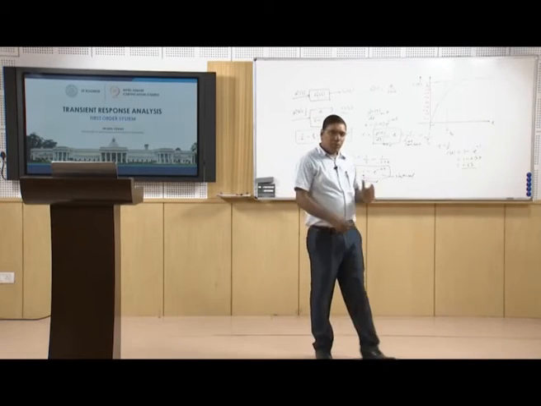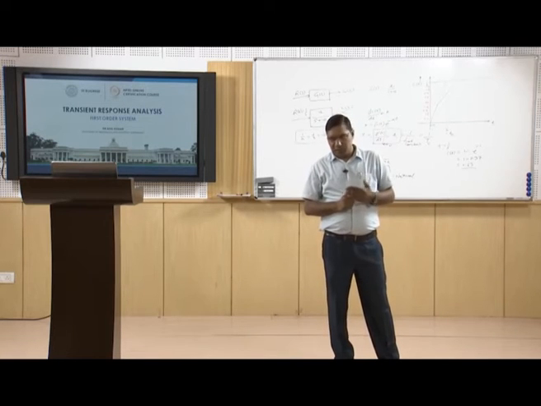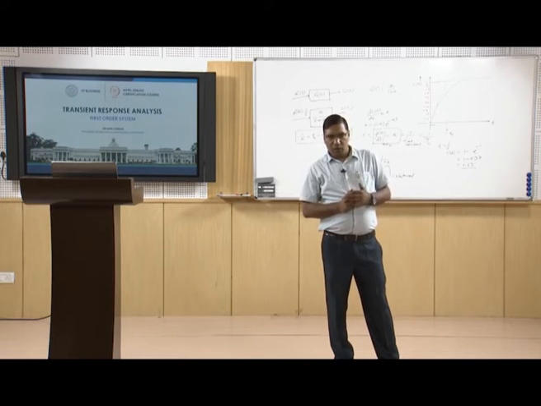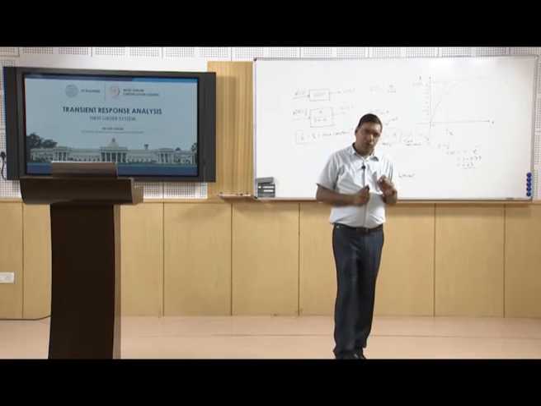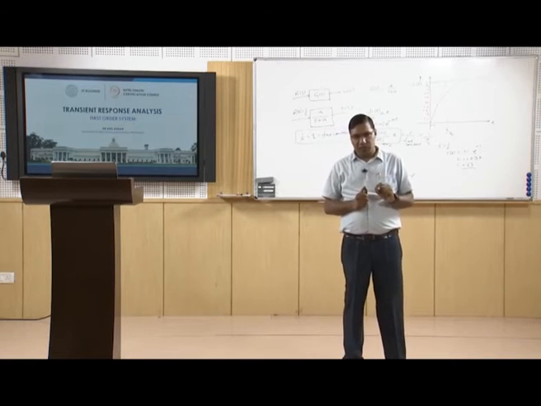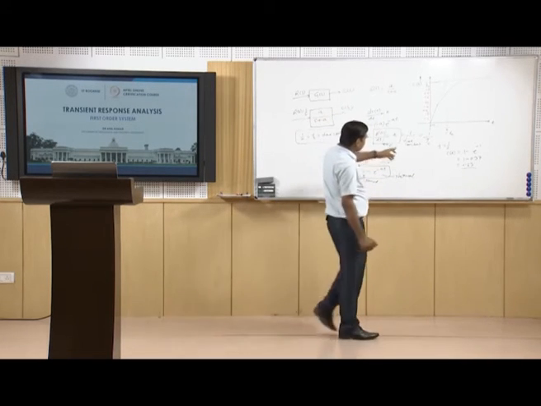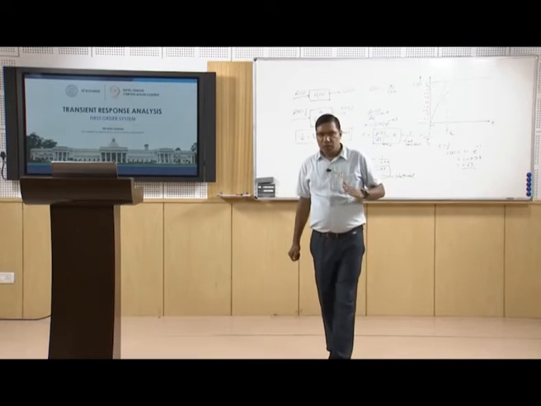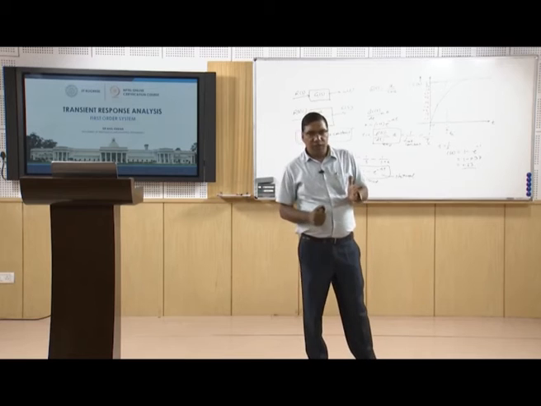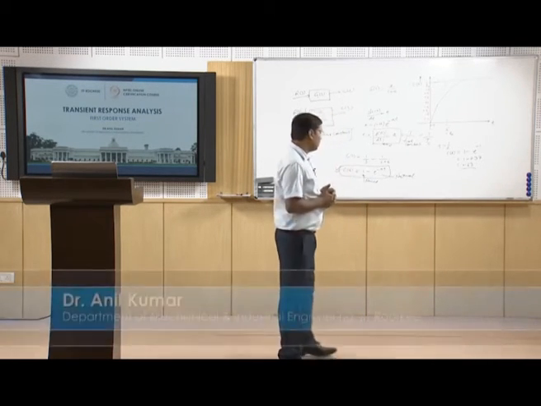So, when we talk about the characteristics or performance specification of a transient response of a first order system, time constant could be one performance specification. Why? Because it shows the initial slope of the response. It means it shows the speed of the response against a step input.